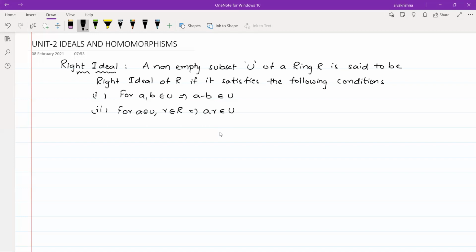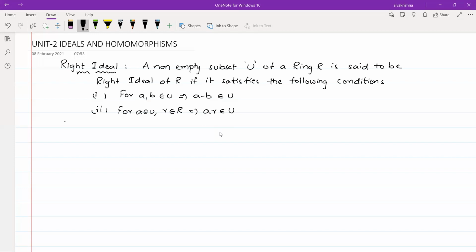So this is the difference between right ideal and left ideal. If the element from the ring capital R is on the right side of the element small a, we say that ideal is right ideal. Similarly, if the element from the ring capital R is on the left side of the element small a, we say that ideal is a left ideal.